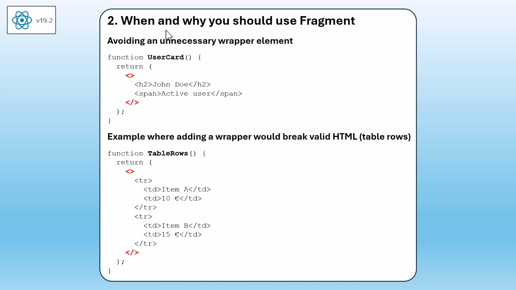Using a normal HTML container, like a div or other element, in such cases can lead to unwanted wrappers that alter the DOM structure, might affect styling, layout, or semantics, or even lead to invalid HTML in certain contexts, for example when rendering table rows or list items. A fragment avoids all those drawbacks while still satisfying React's requirement of returning a single thing.